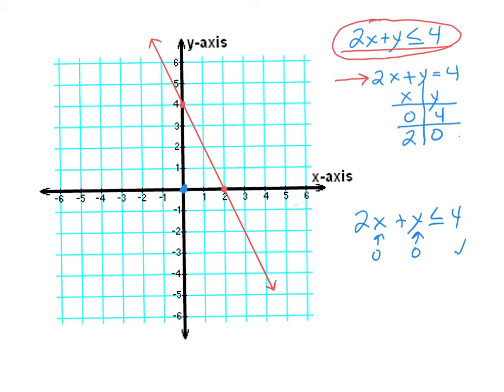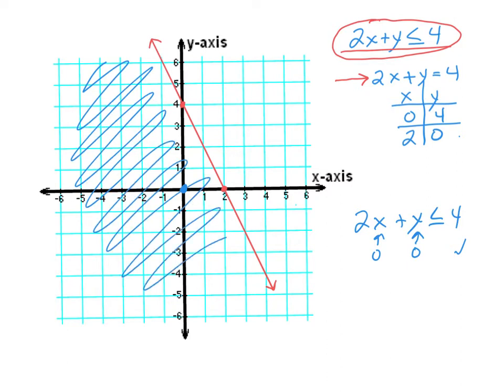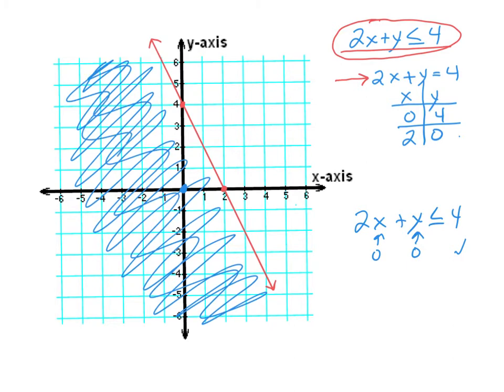So I am going to shade in this entire side, because any point on this side of the line would satisfy this inequality, including, of course, because this is equal to 4, any of the points that are on that particular line.